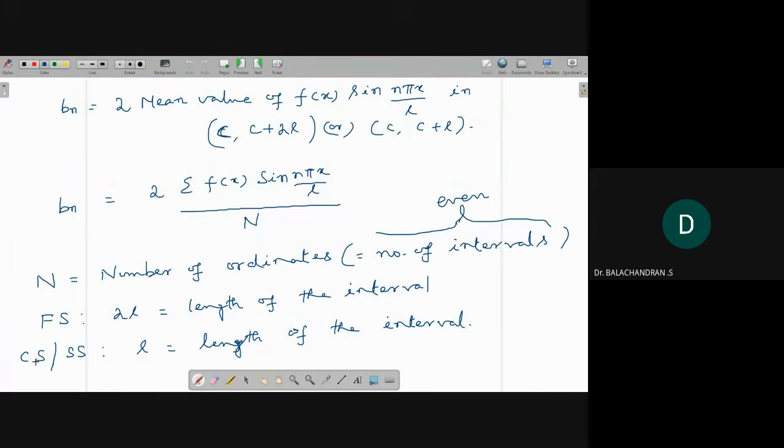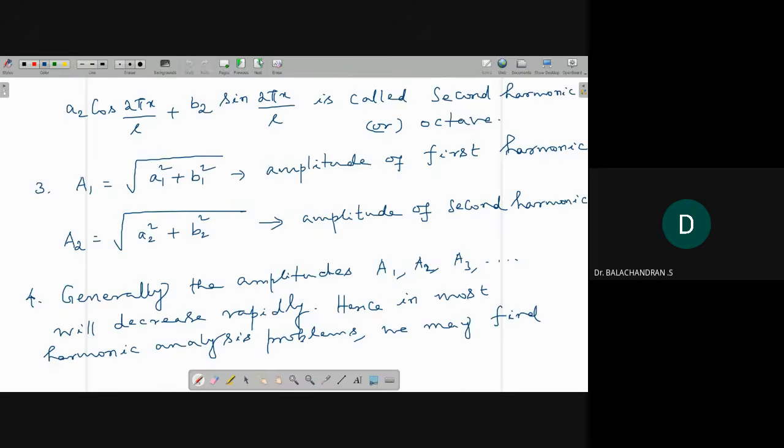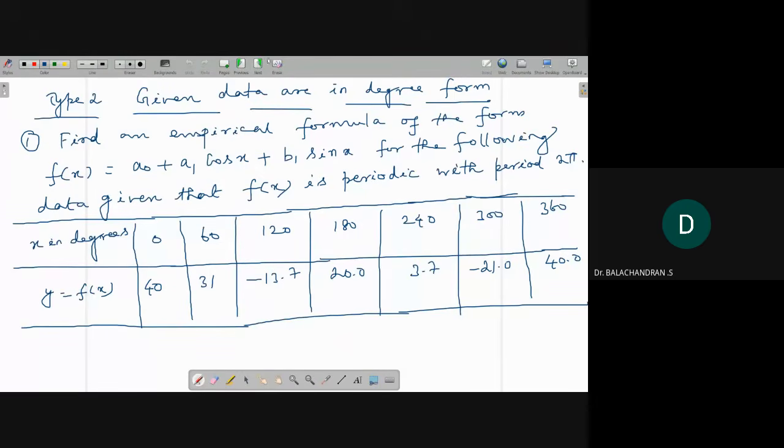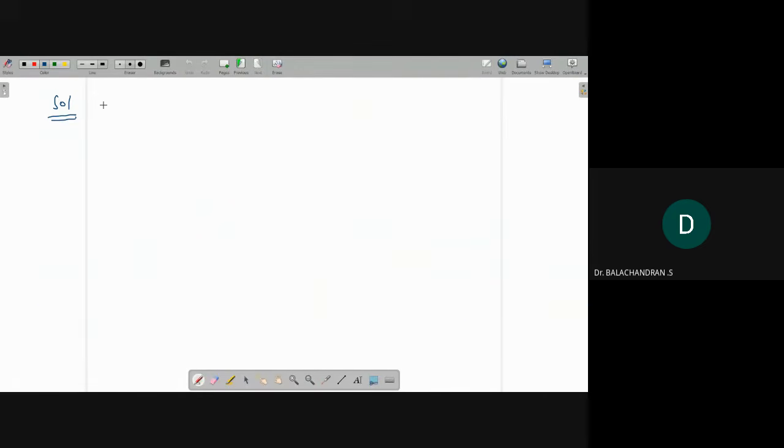If it is a half range sine or half range cosine, the length of the interval is L. So here 2L equal to 360 minus 0, and 360 degrees is 2 pi. So 2L equal to 2 pi minus 0, that is 2 pi. This implies L equal to pi.